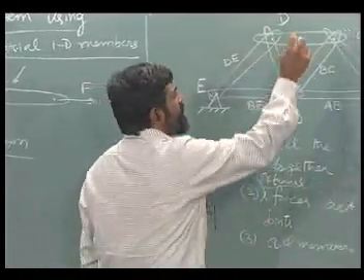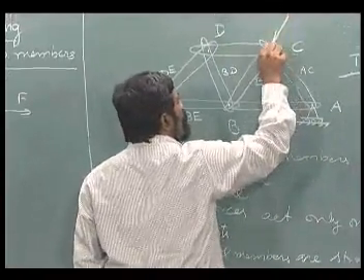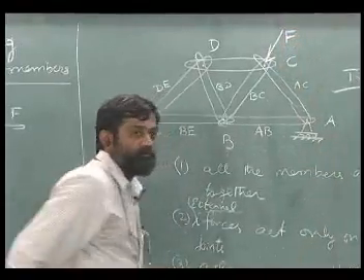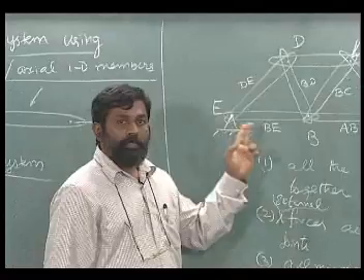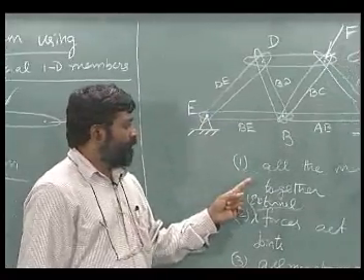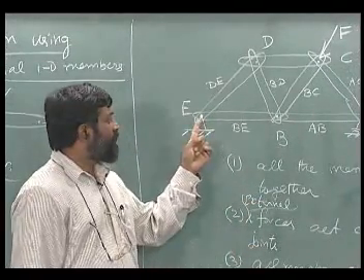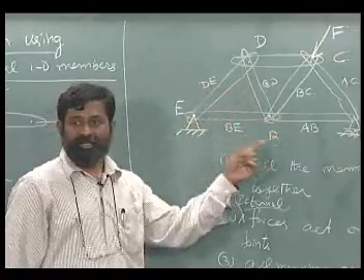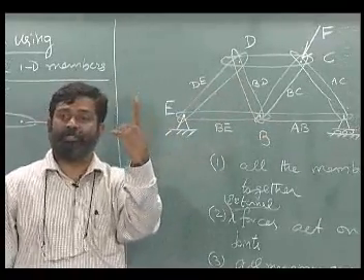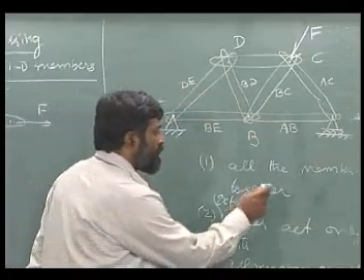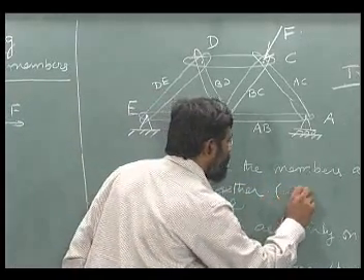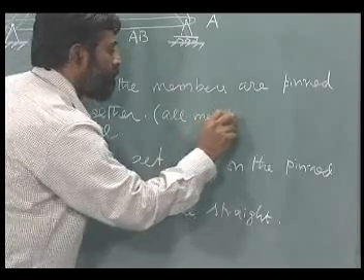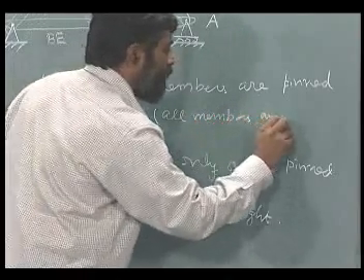So forces can act, for example, I can have a force over here. Another important thing that I have not added is that every one of these members, as we already know, are one dimensional members. So I will just add over here, all members are one dimensional.